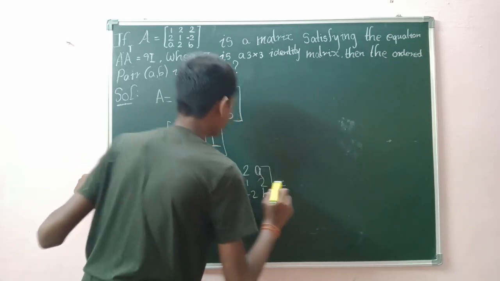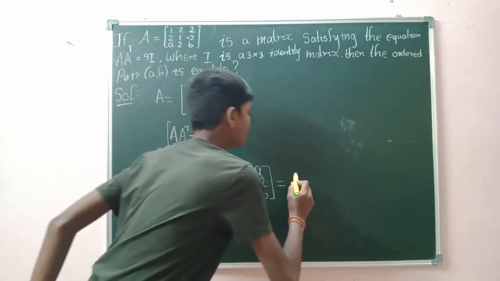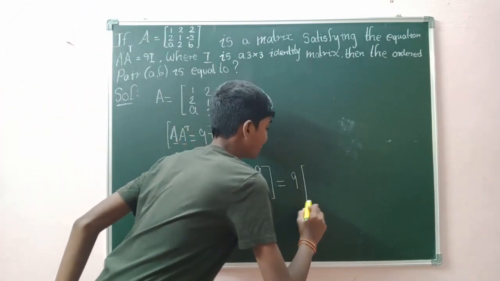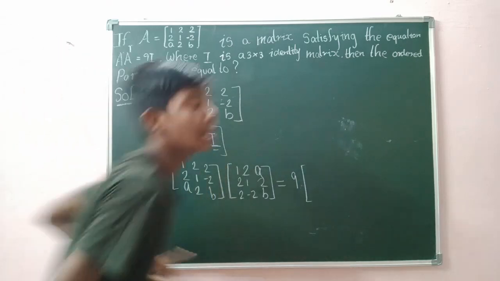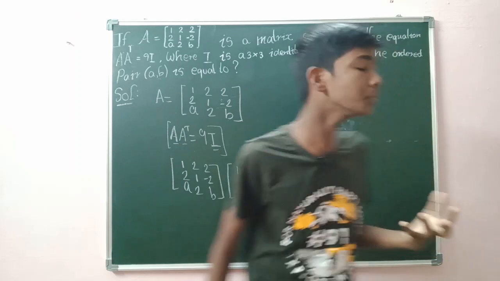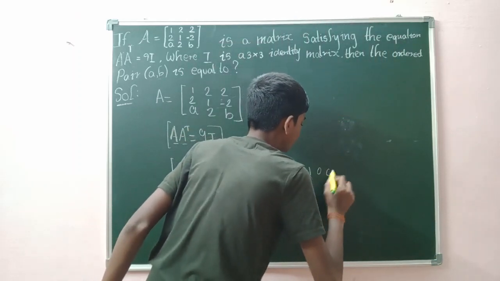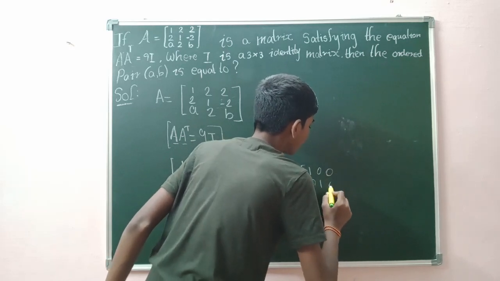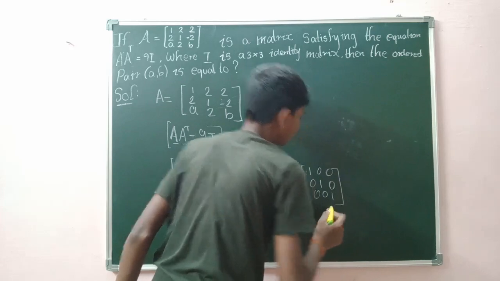And that is equal to 9 times I. So 9 times I, that is a scalar product with the identity matrix, which is nothing but the 3 cross 3 identity matrix. A 3 cross 3 identity matrix means your diagonal elements are 1, and except those, every element is 0.